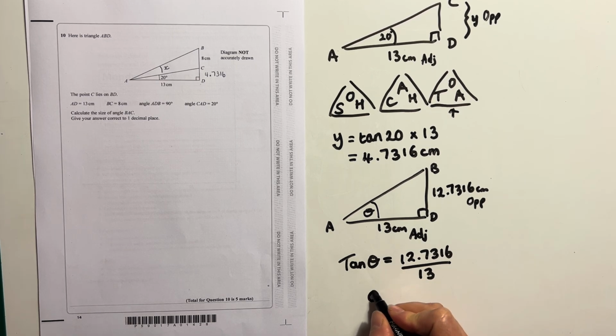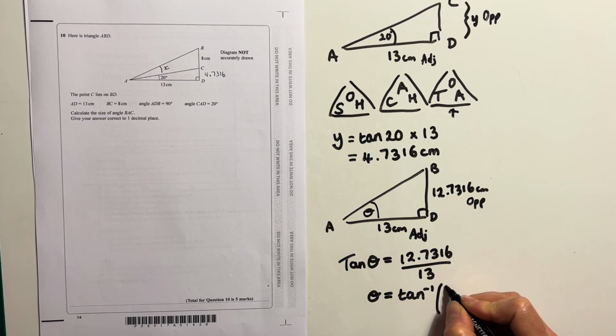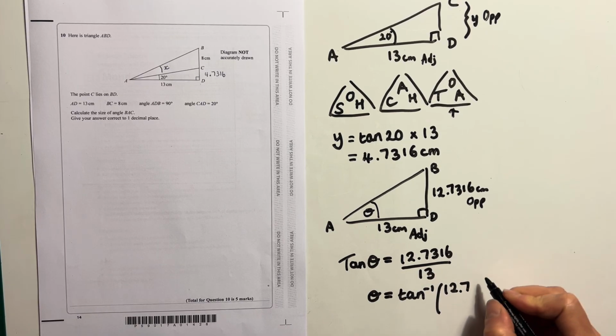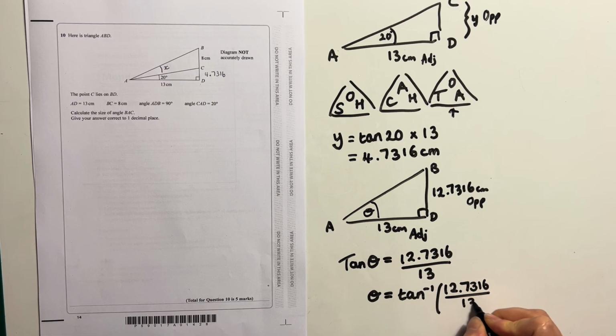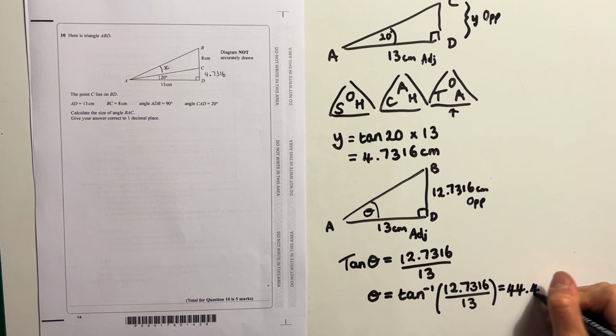To find the angle, I need to do the inverse of tan of the opposite over the adjacent. And this will give us an angle of 44.4 degrees.